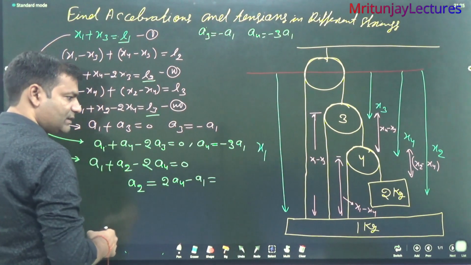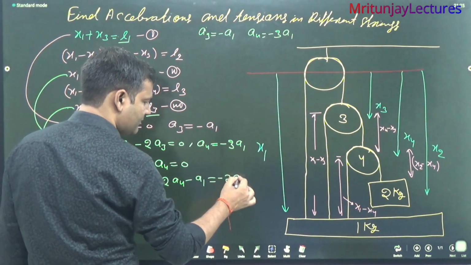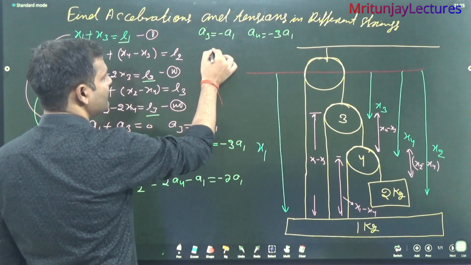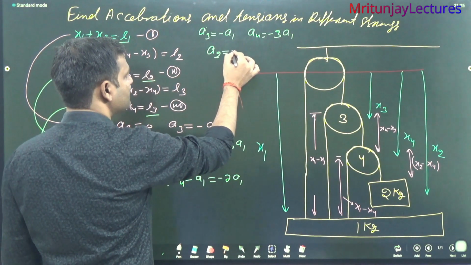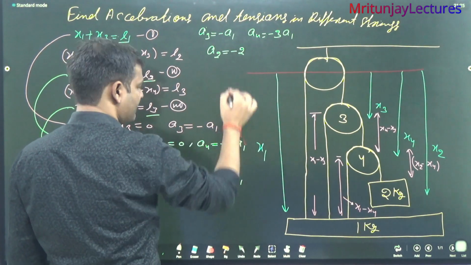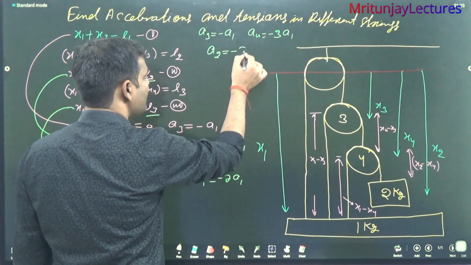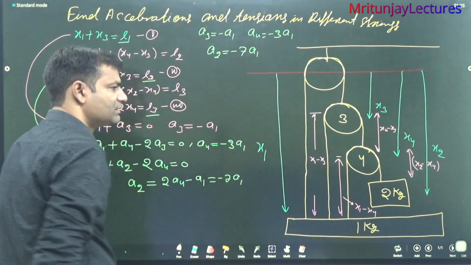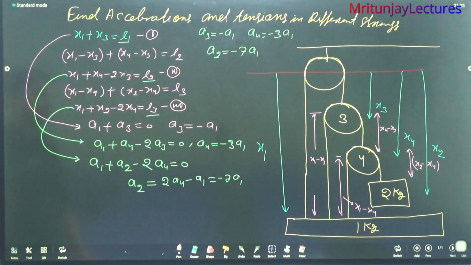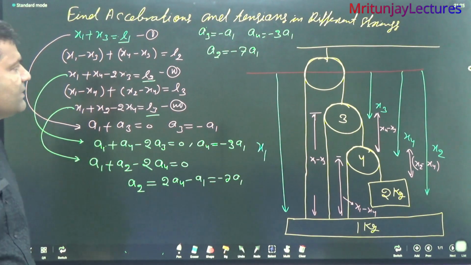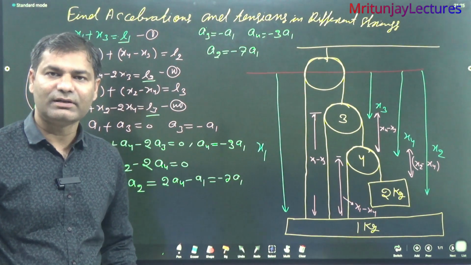Now if we put the value here, we get minus 7a1. So a2 is minus 7a1. Clear or not? What is the relation between a1, a2, a3 and a4 in terms of a1? Clear or not?